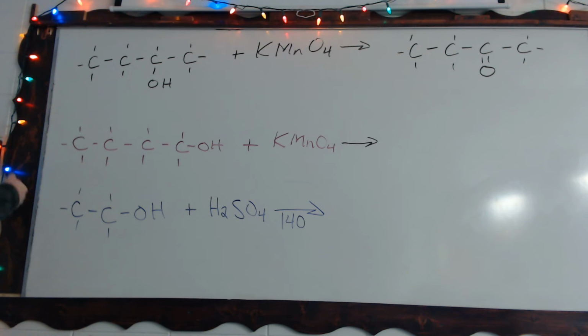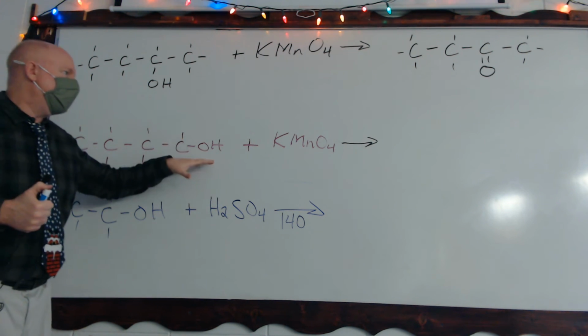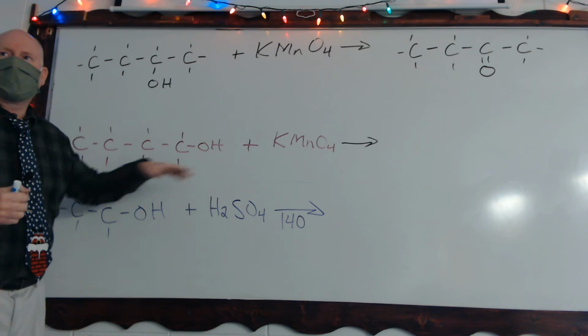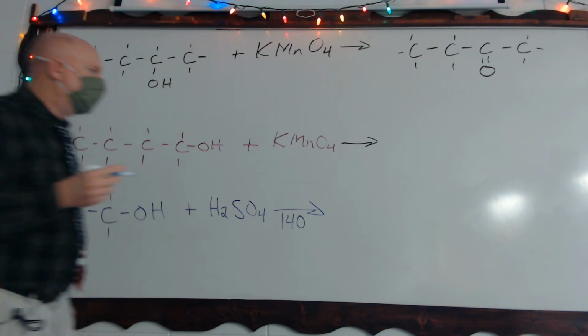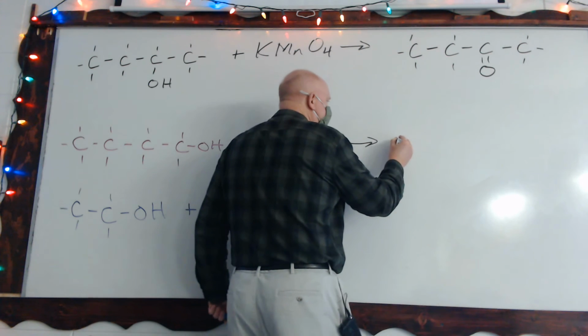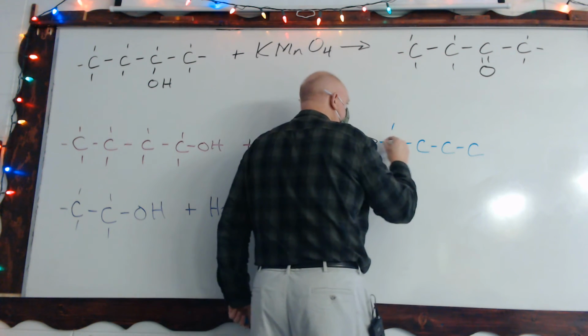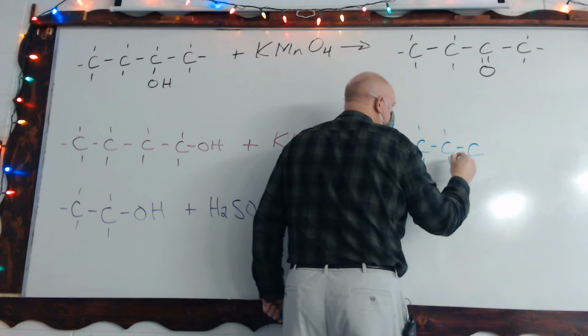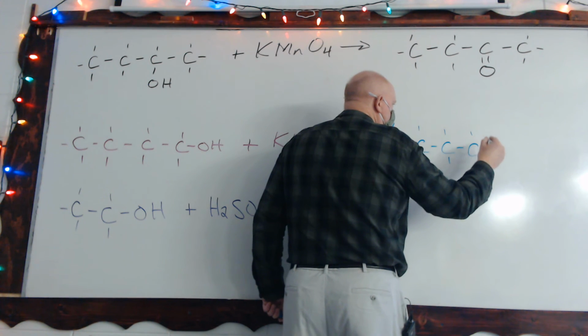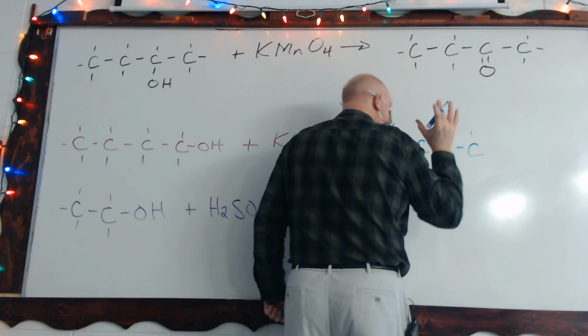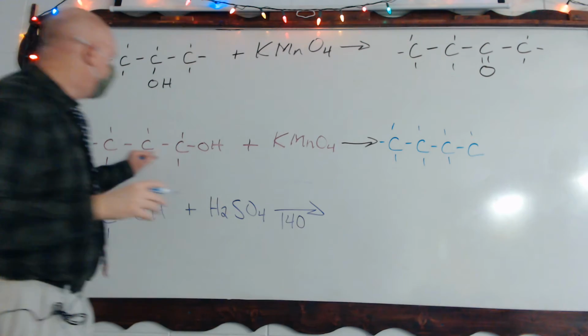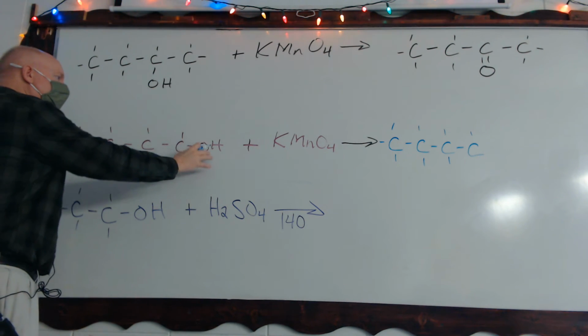So, what happens in stage 1 with a primary alcohol? What does it tell you that it will form? Okay, so now we've got our 4 carbons on here.